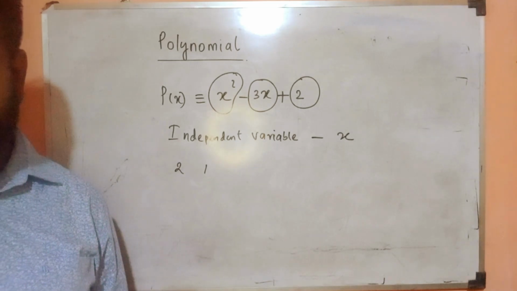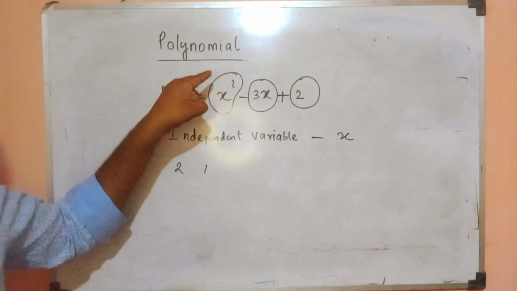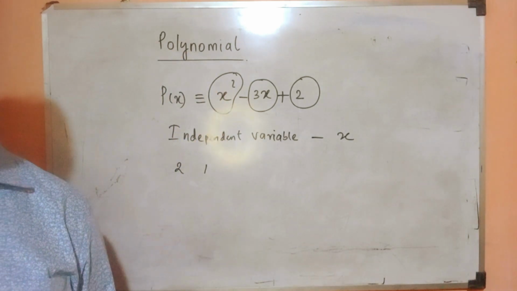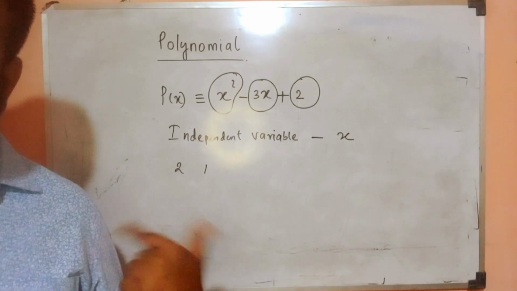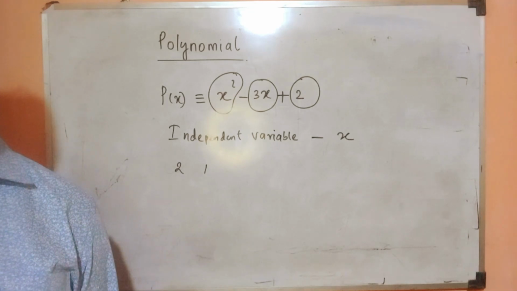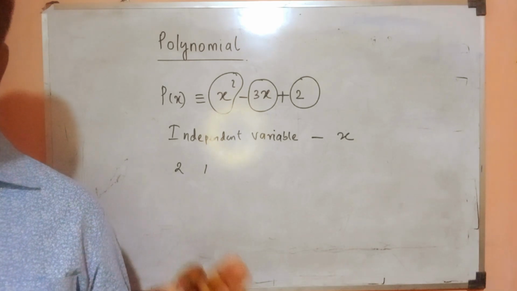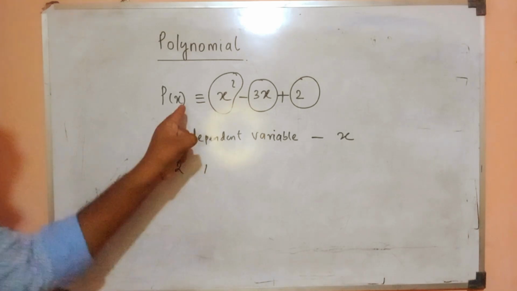Keep one thing in your mind: the exponents have to be positive integers. In a polynomial, the exponents of variables cannot be negative numbers, and they cannot be rationals or fractions. The exponent has to be a positive integer. So this is a polynomial.